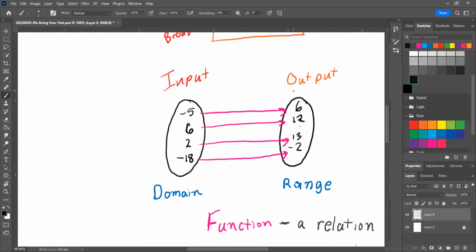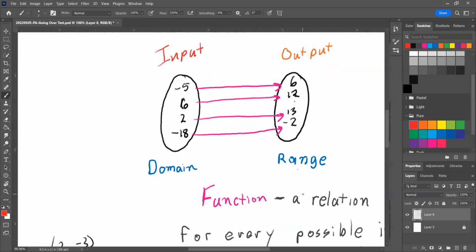The set of all outputs is the range. Which one of those correlates to X and which to Y? The range can be described as the set of all possible Y's. The domain is the set of all possible X's.